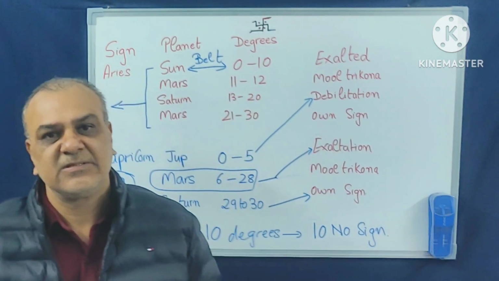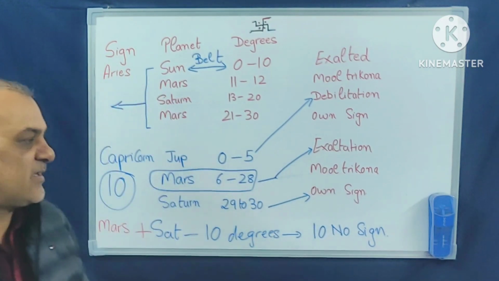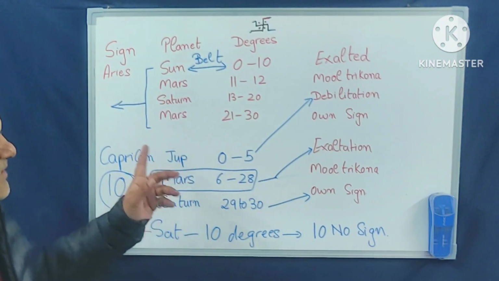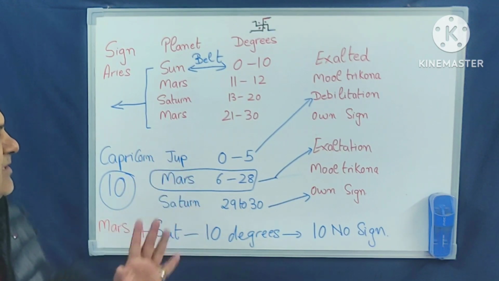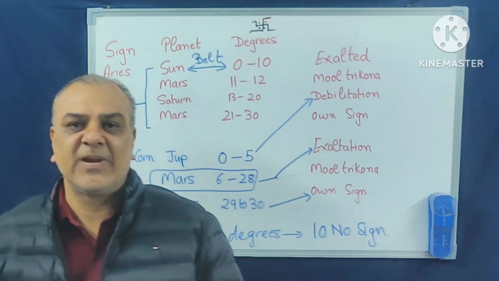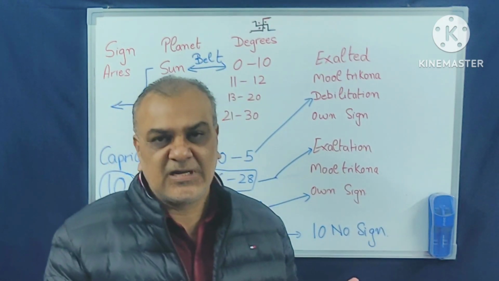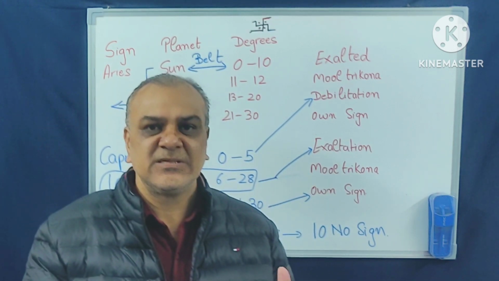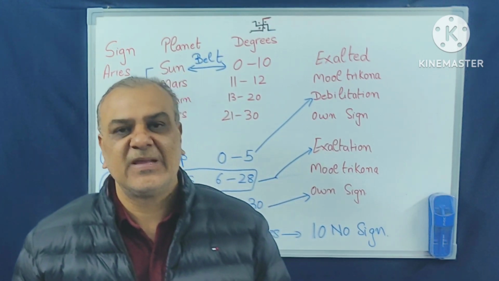So you can interpret this very carefully when you see any planet placed in any sign. You have to carefully monitor the degrees of that planet, and then in the chart you just have to confirm which planet is placed in the belt of which planet.